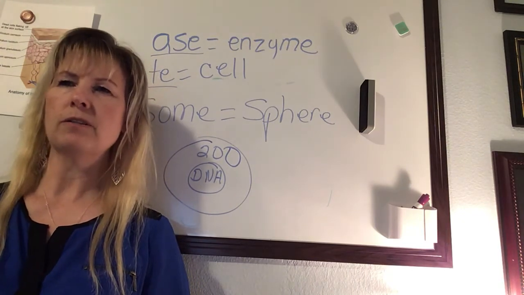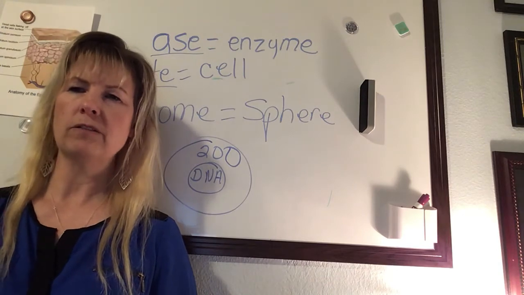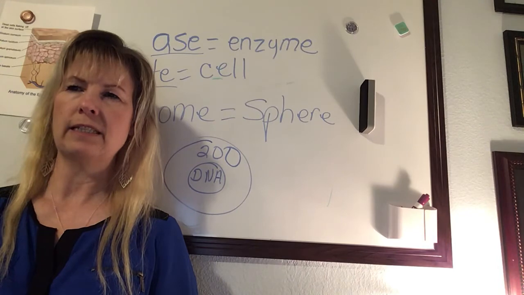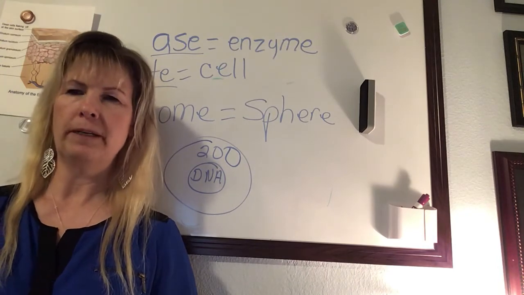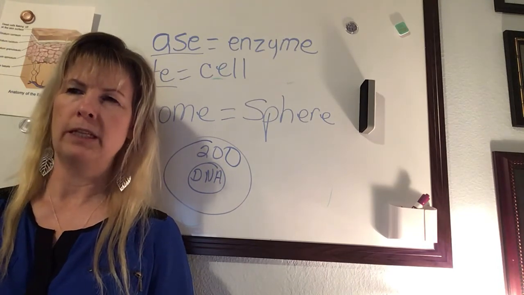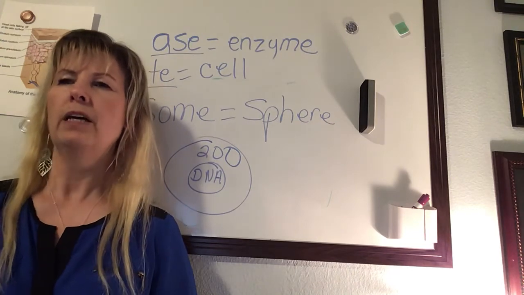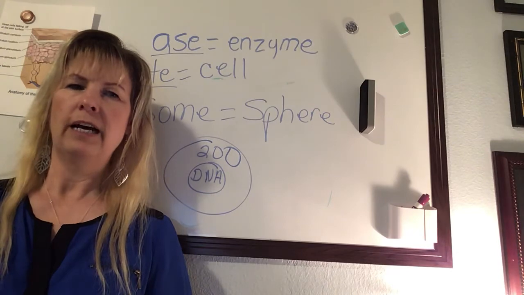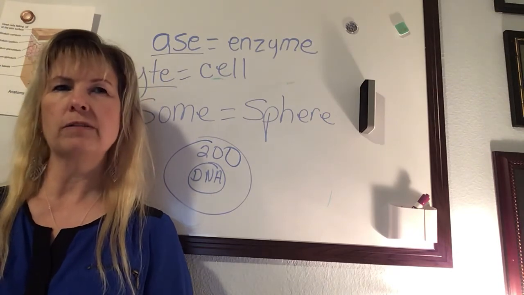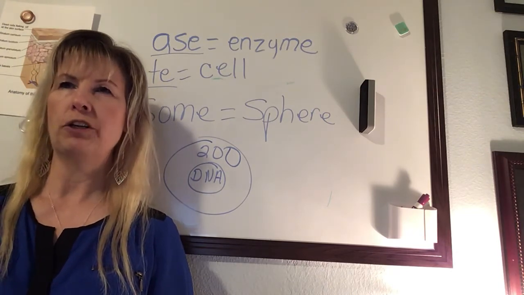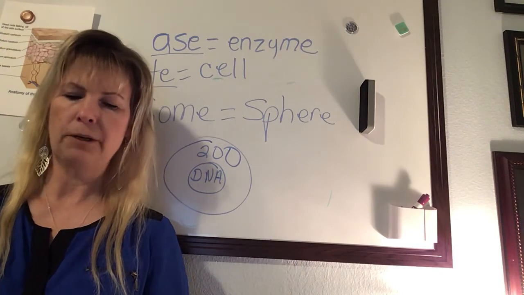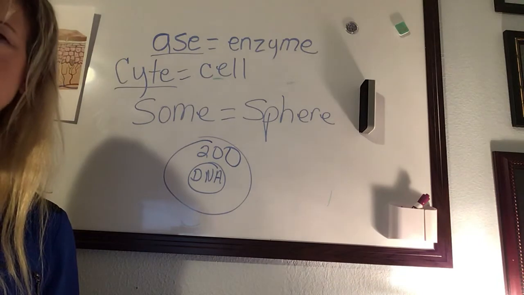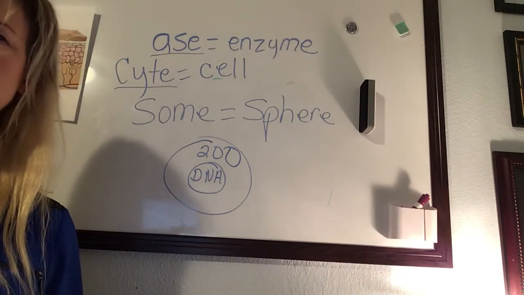Pigmentation disorders, we talk about more in the chapter on disorders and diseases, so we'll talk about hyperpigmentation, chloasma, melasma, and things like that. Products and treatments for hyperpigmentation, we talk more about in the chapter on skincare products and chemistry.